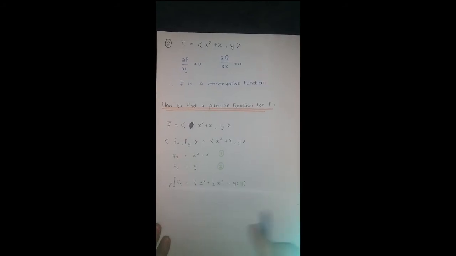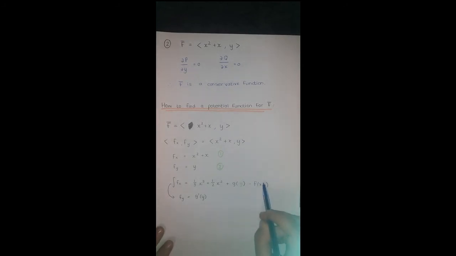This would mean that this is the partial derivative of f with respect to x, and this is the partial derivative of f with respect to y, right? So let's say we integrate this partial derivative with respect to x. That should give us our f(x, y) function.